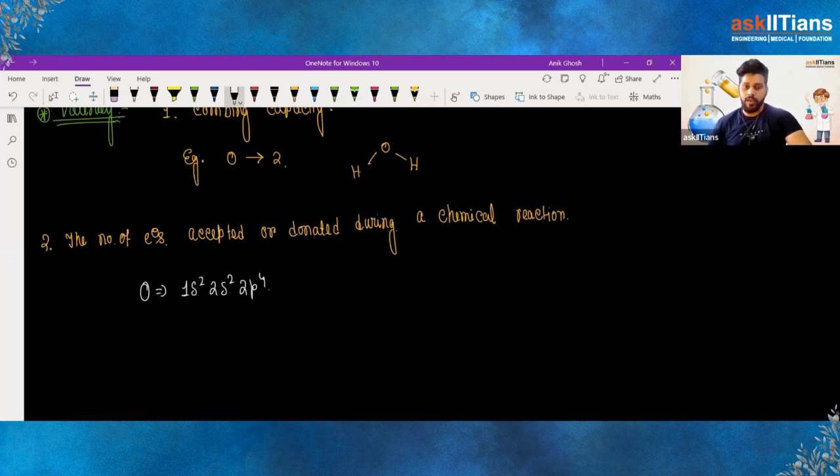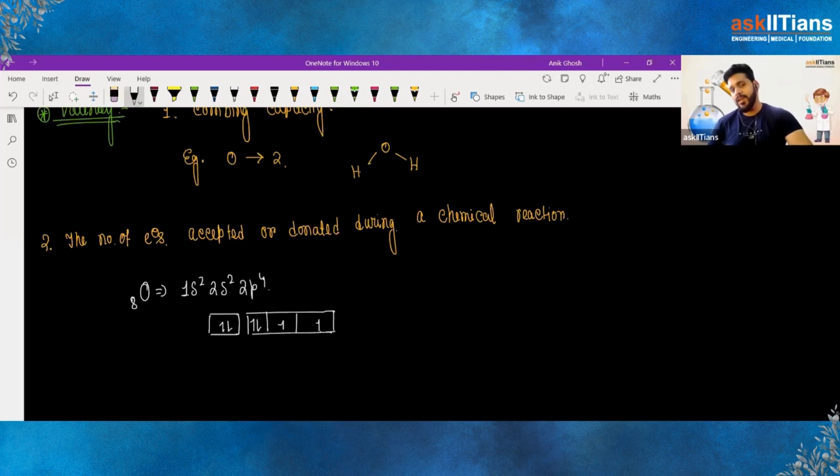Now, if I draw the valence shell, which is 2s2, 2p4, this is the thing.